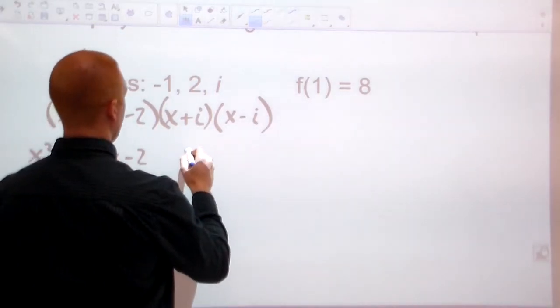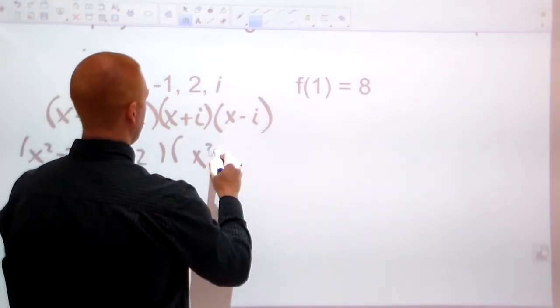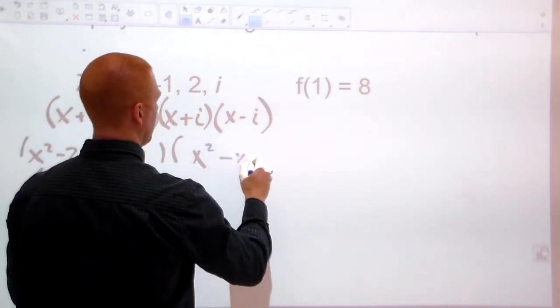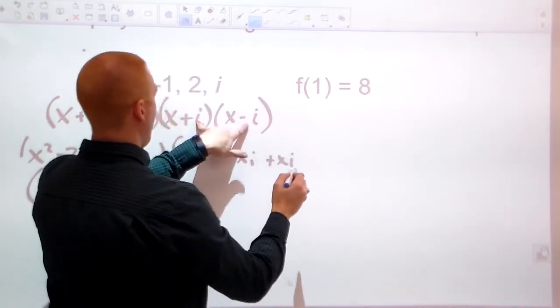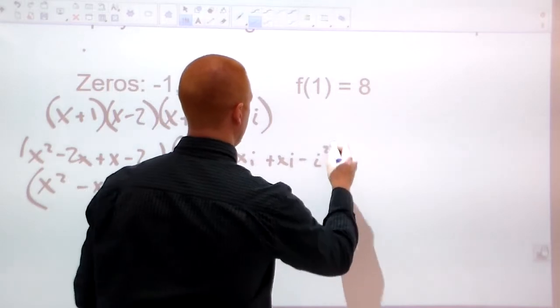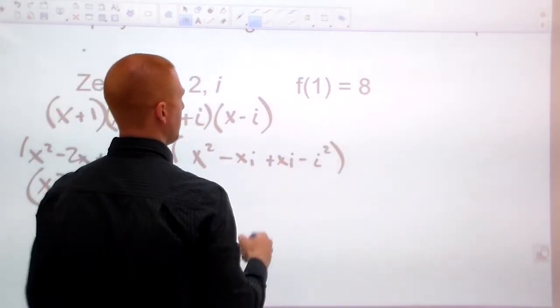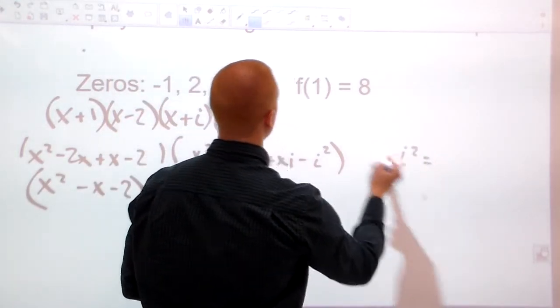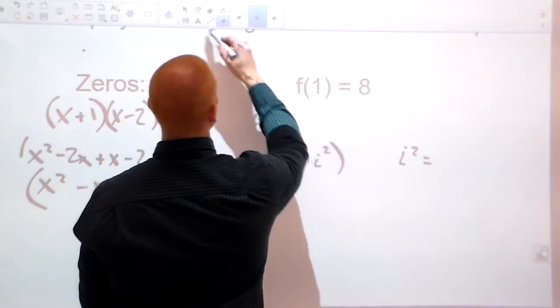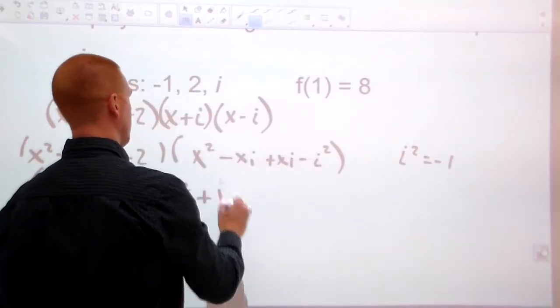This one is going to be, let's just group those: x squared minus xi plus xi minus i squared. So x squared comes down, these 2 add to 0, and i squared is really negative 1. So negative negative 1 is really 1.